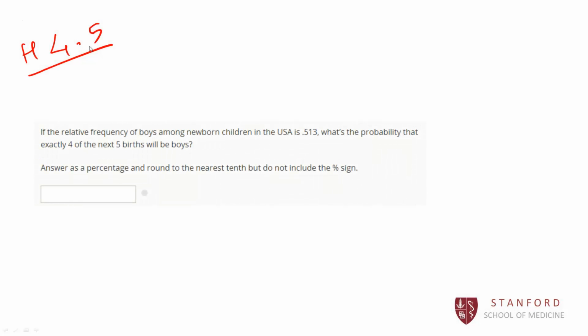This question is a straightforward application of the binomial equation again. We have n equals 5. We are given that p is 0.513, and we want to find the probability of x being 4.